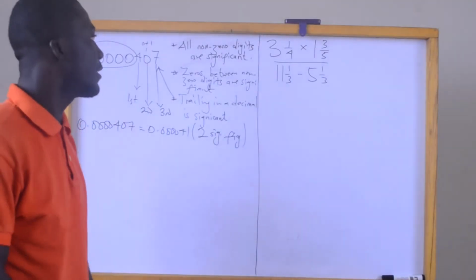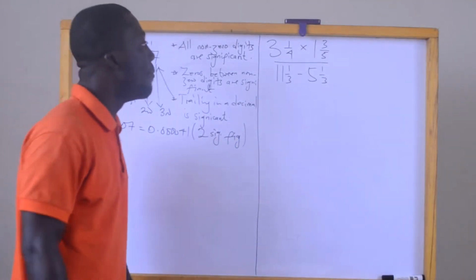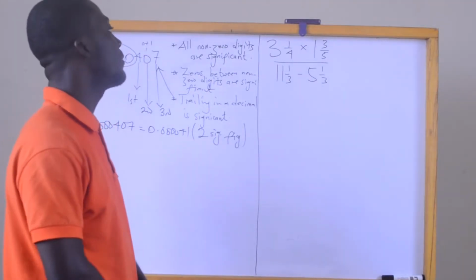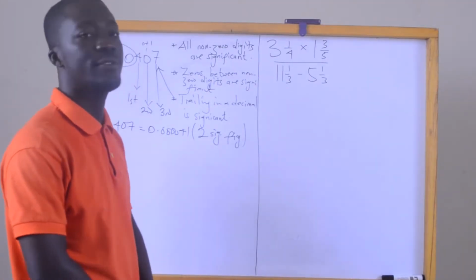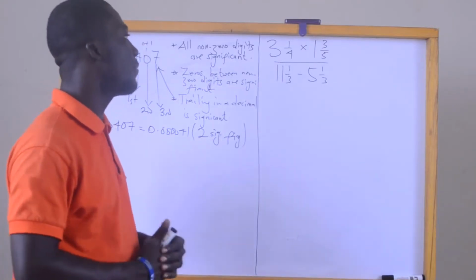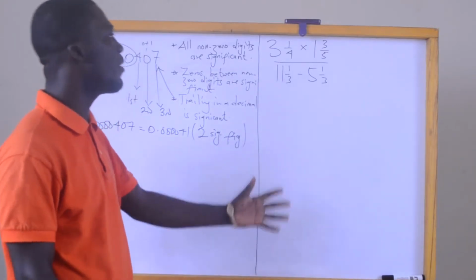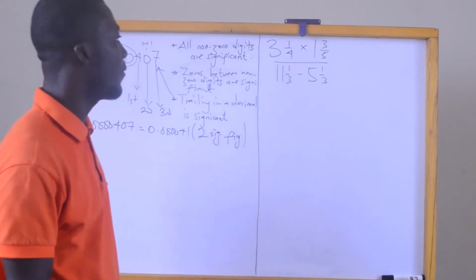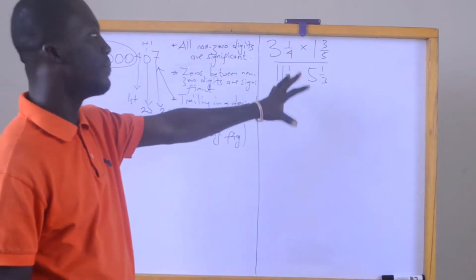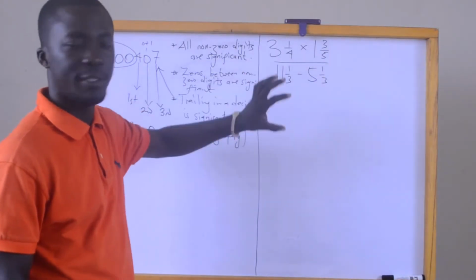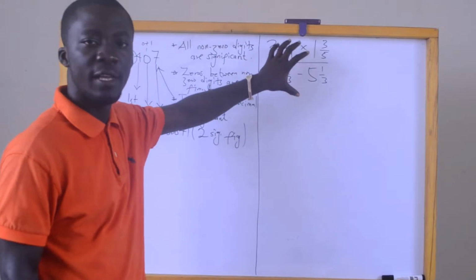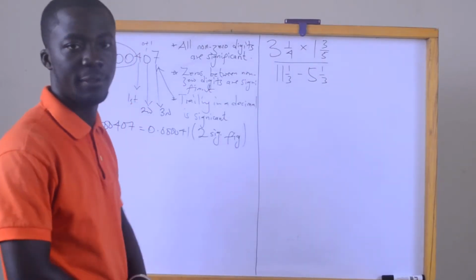Our objective question number 3. It says that we should evaluate 3 whole number 1 over 4 times 1 whole number 3 over 5 divided by 11 whole number 1 over 3 minus 5 whole number 1 over 3. The first step when you want to solve this question is to convert all the mixed fractions we have over here to improper fractions.